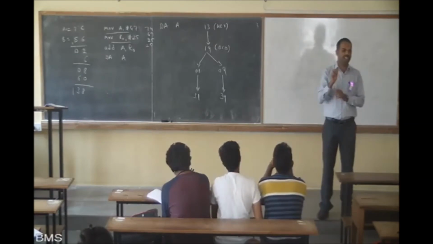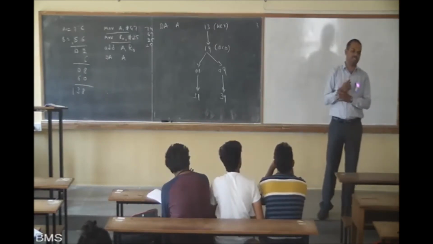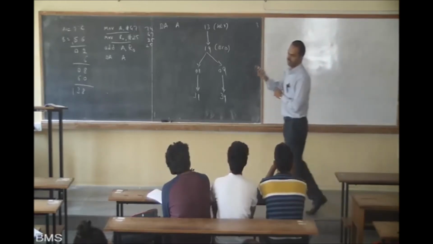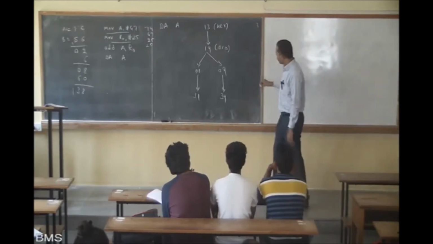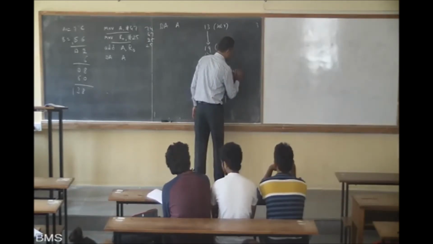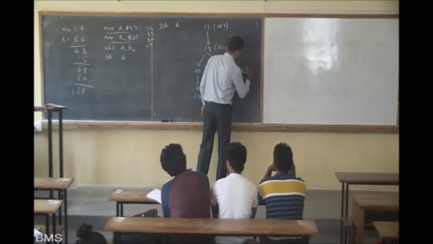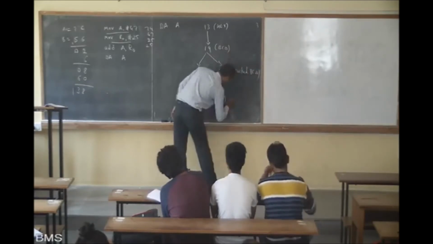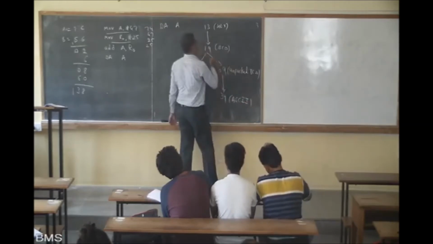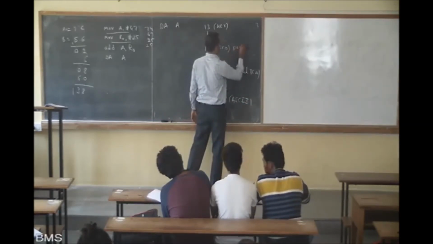There is only 0 to 9. 10 is a combination of the first two elements, 1, 0. 20 is a combination of the second and first element. So this is unpacked BCD. This is the ASCII value. This is packed BCD.